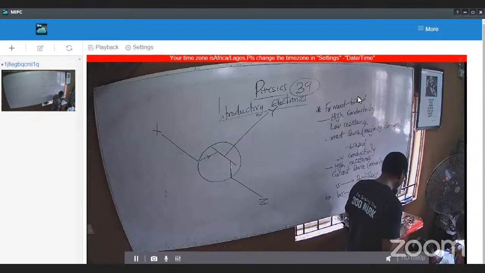Ripples can be removed in power signal or power supply by using electric filter.